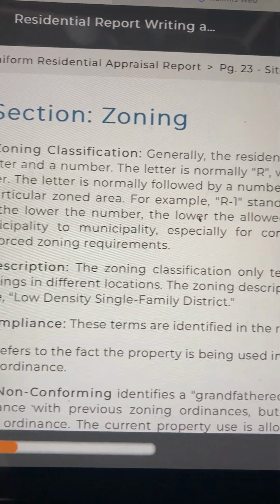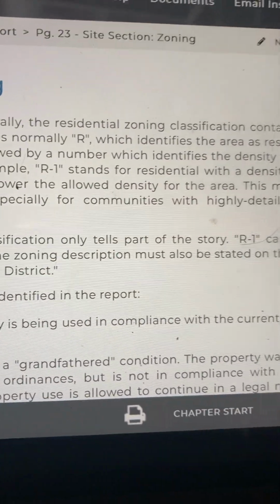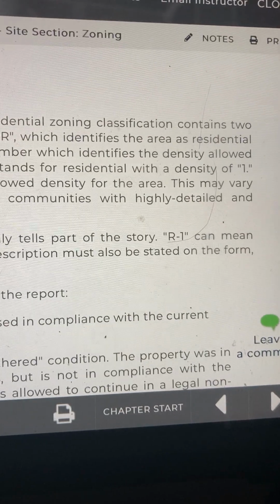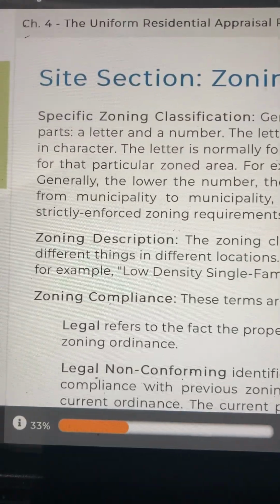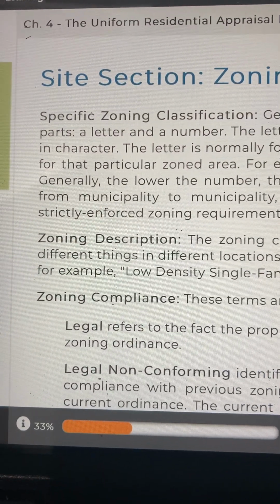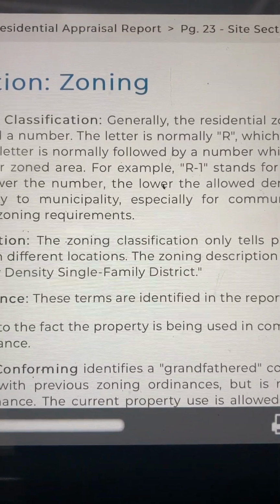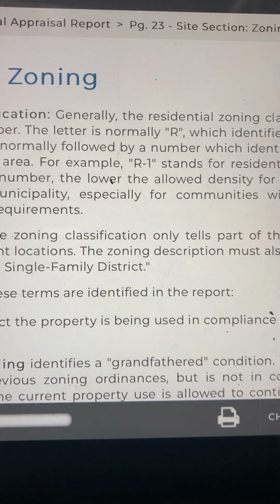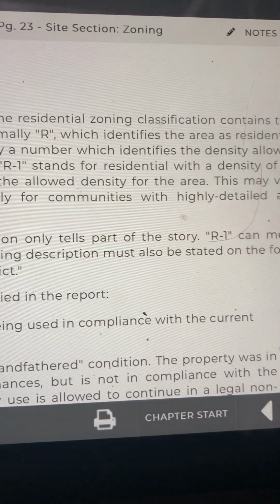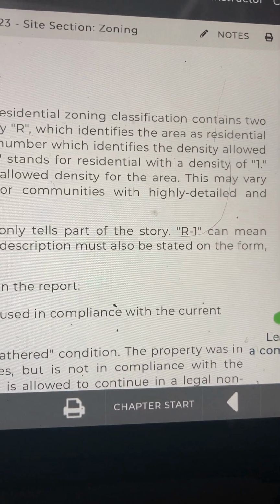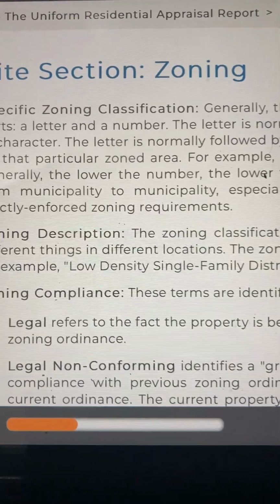The letter is normally followed by a number, which identifies the density allowed for that particular zoned area. For example, R1 stands for residential with a density of 1.